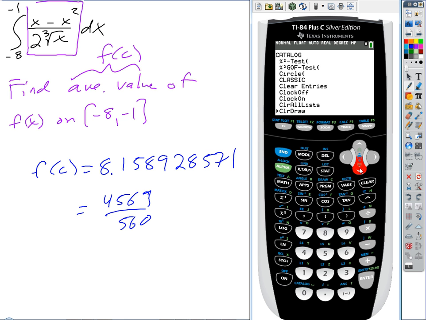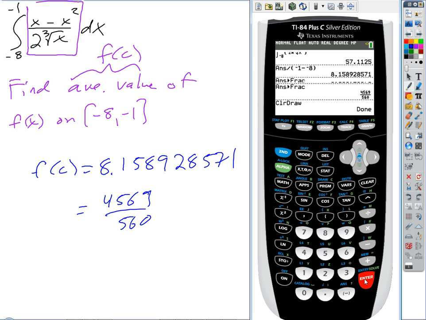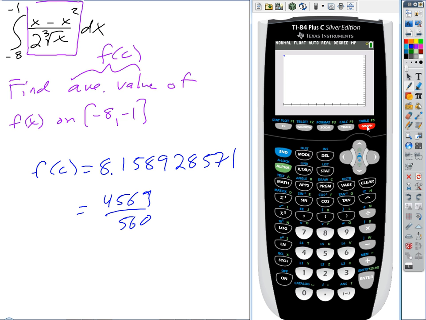Might be, let's try clear draw. I sort of don't think that's gonna work, but we'll try it. Done. Oh, so it did it. It went directly to the graph. How do you get the catalog? There must be an easier way to do that. Oh shoot, I just cleared it.